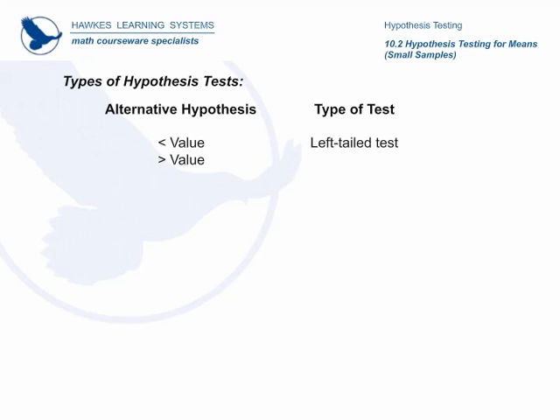Then we have the alternative hypothesis where the value is less than, and that would have us use the right-tailed test. Then we have where in our alternative hypothesis the value is not equal, and that would give us the use of the two-tailed test.